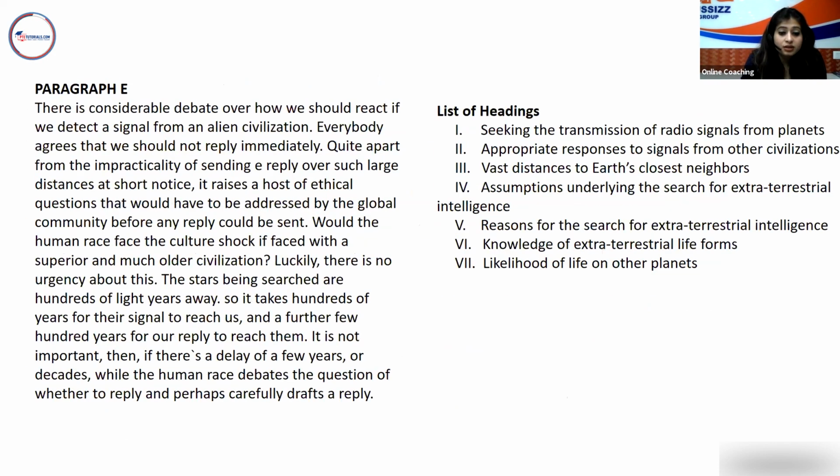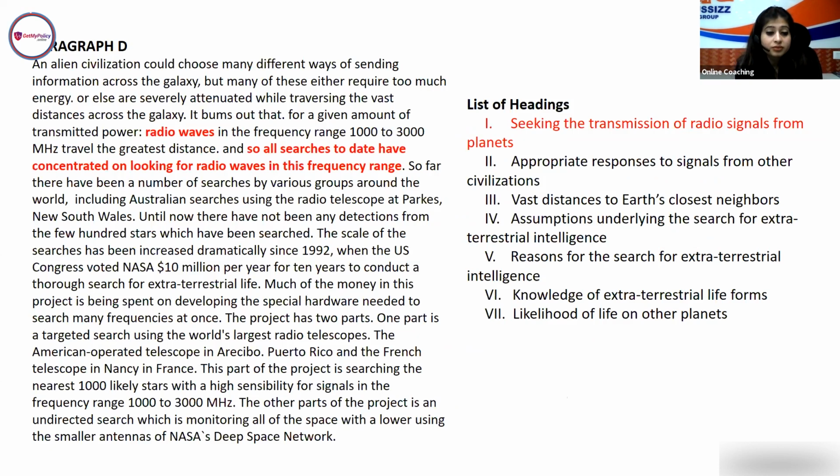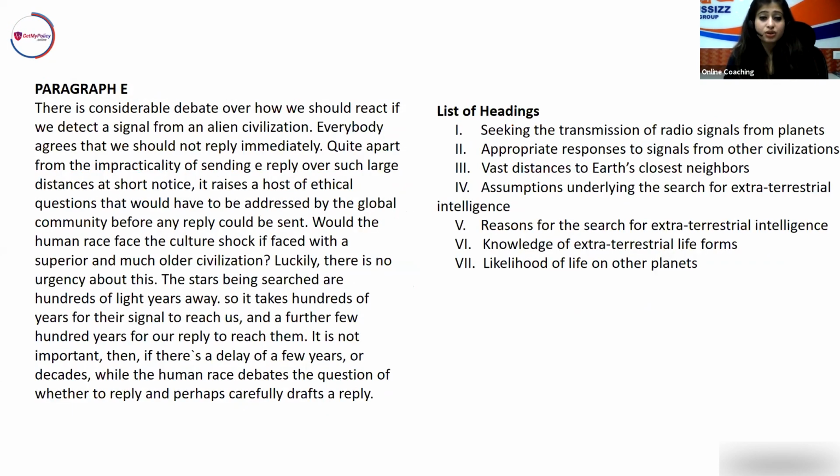If something, I see related to signals towards the end. Yes, this part of the project is searching nearest thousand likely stars. So there is this line that says is searching, that means we've not yet found it. It's exact information.